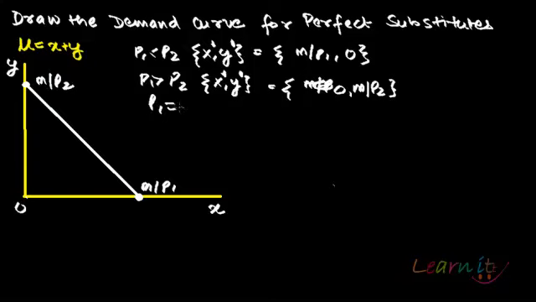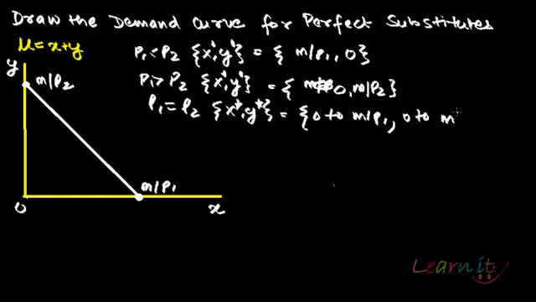And if P1 is equal to P2, the demand for x and y could be any combination, that is 0 to m by P1 or 0 to m by P2. Clear?